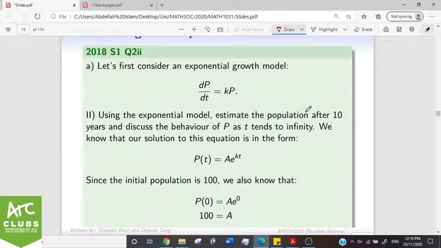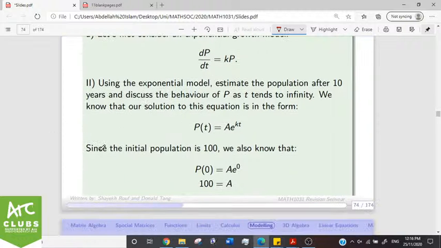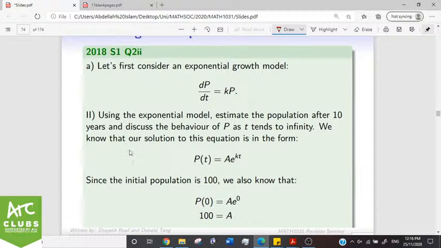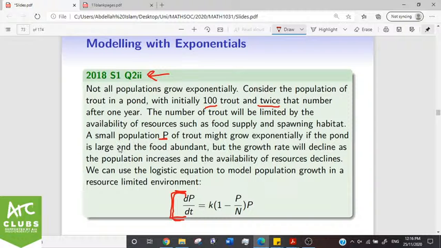First, they asked you to estimate the population after 10 years. So, okay, let's do that. We know that our solution looks like this, because this is exponential. Go back up here.